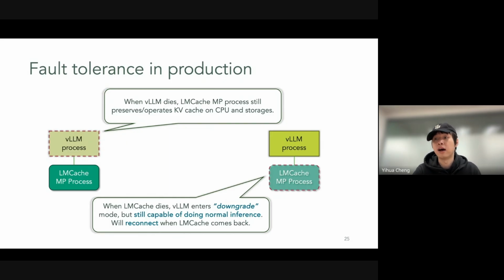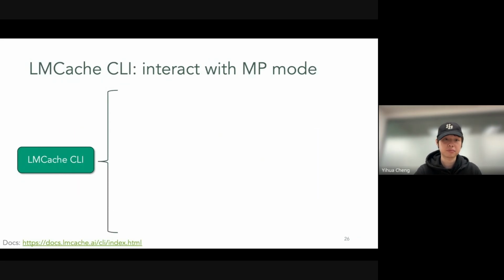In this downgrade mode, the LMCache functionality will be temporarily disabled, but vLLM itself will still be capable of doing normal inference. Once we restart the LMCache process, vLLM will try to reconnect when LMCache comes back. So that is the fault tolerance part of the LMCache MP mode.